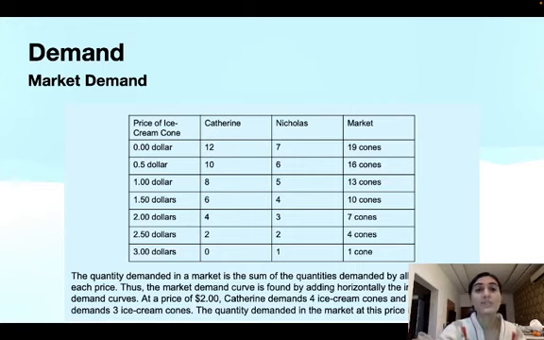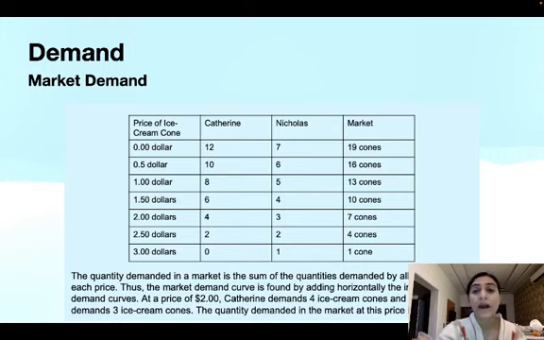The relationship always remains inverse: the price and quantity demanded are negatively related to each other. So this is called individual demands. For Catherine, this is the individual demand, and for Nicholas, this is the individual demand.